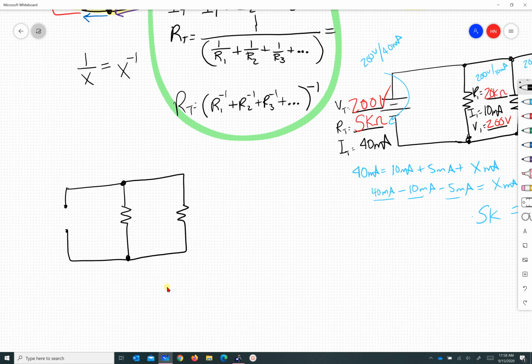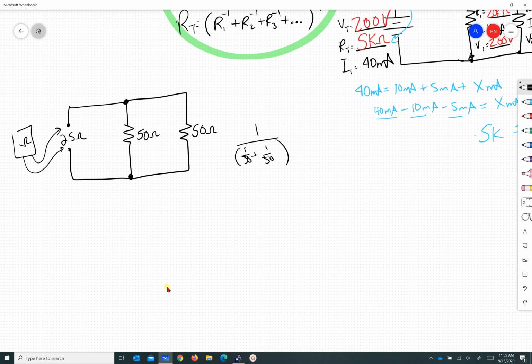Let's say I put an ohm meter here and measured from there to there, and I had 50 ohms here and 50 ohms here. If I plug it in, 1 over 50 plus 1 over 50 happens to be half, which would be 25 ohms.